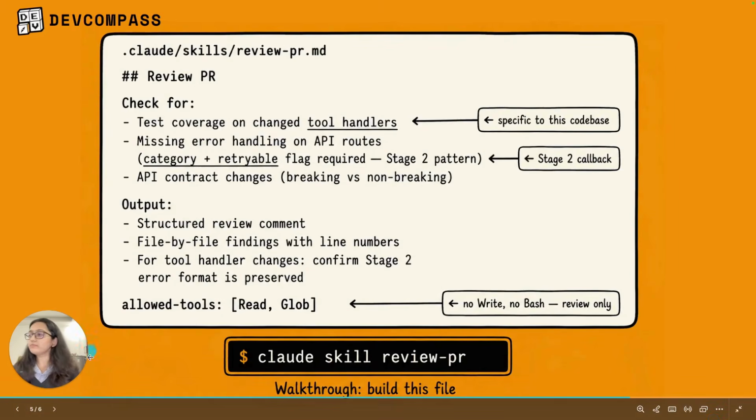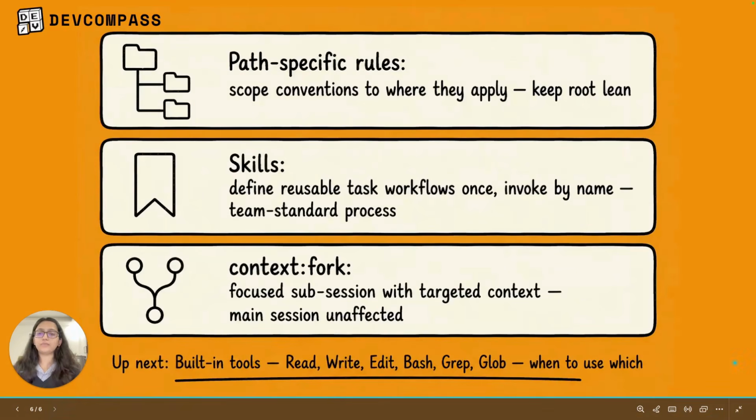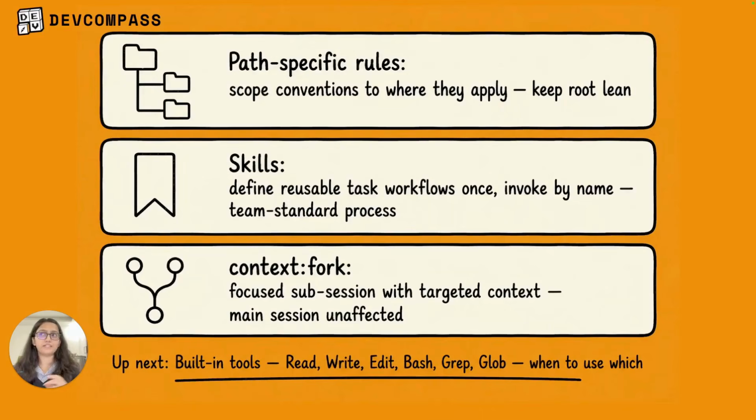Now, yeah, this was all about the current video: path specific rules to scope conventions to where they apply, keep root lean, what are skills, how do we define reusable task workflows once, how do we invoke by name, team standard process, and where do we exactly use context: fork so that you can have a very focused sub session with a targeted context instead of putting everything in the main session. How do you make it remain unaffected?